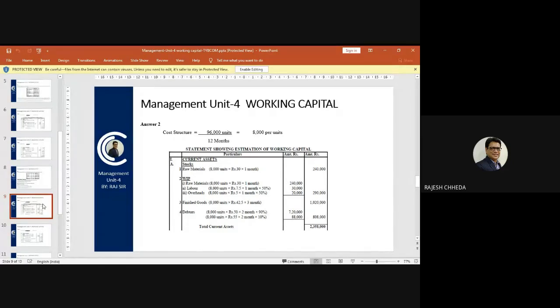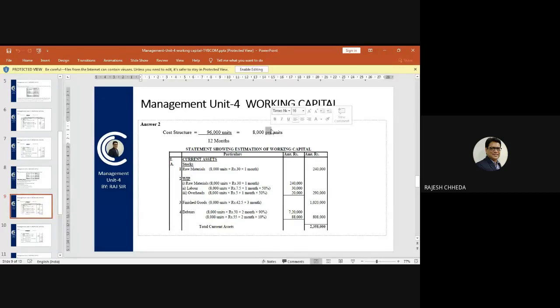So you have divided 96,000 units by 12 months, and first you have calculated per month how much is the manufacturing and sales activity, and that is 8,000 units. Okay, 8,000 units, not per unit. Did everyone understand this 8,000?